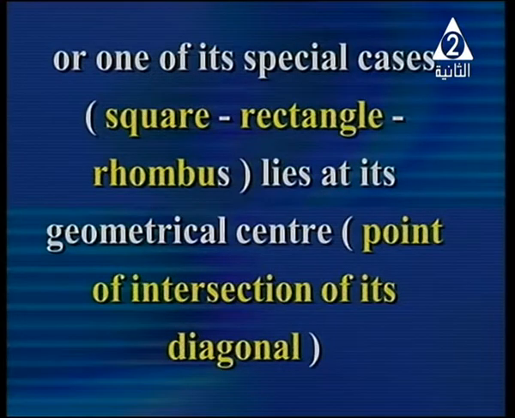Dear student, if we have a lamina as a square, rectangle or rhombus, the geometric center is the intersection point of its diagonals. We prove that the geometric center is the intersection point of the two diagonals.